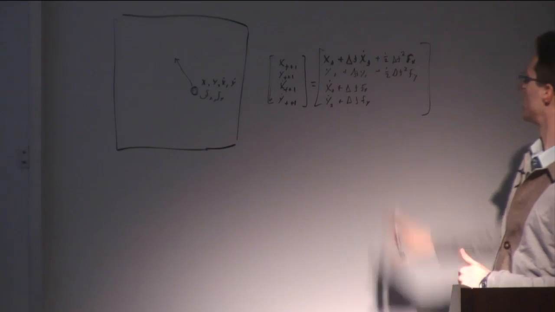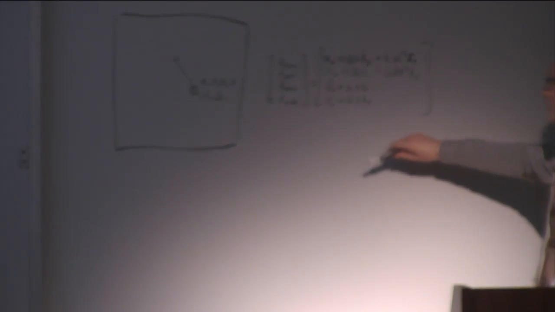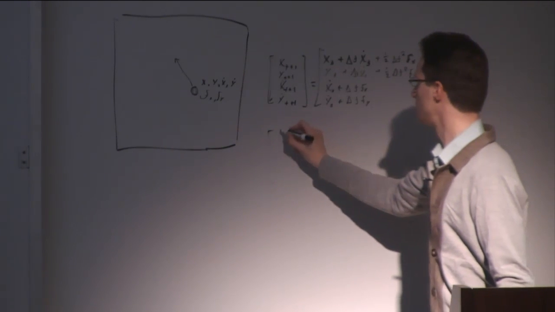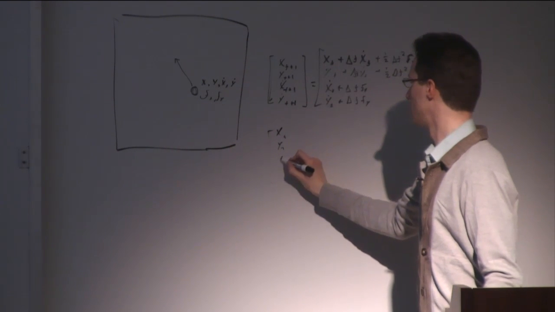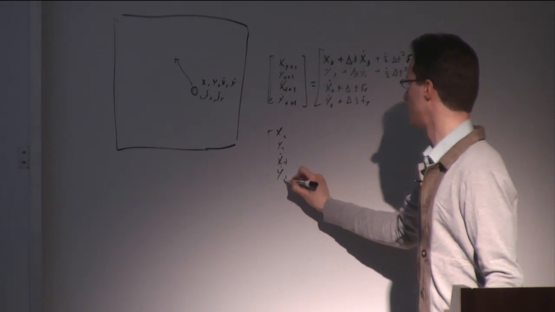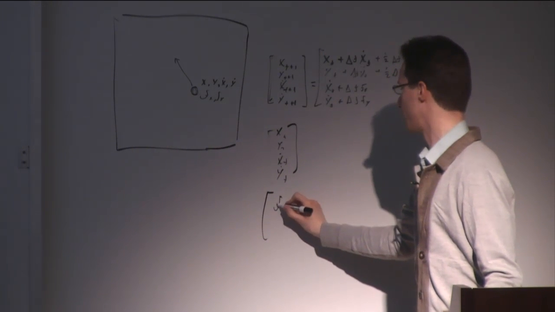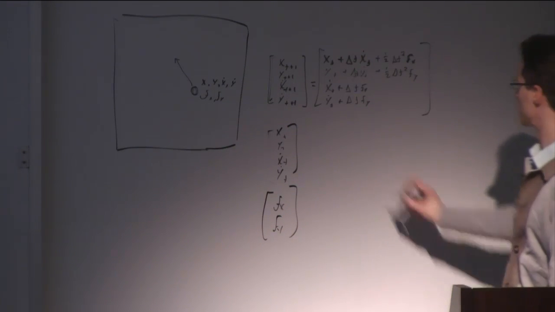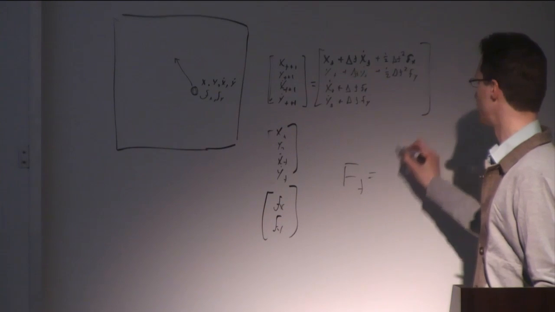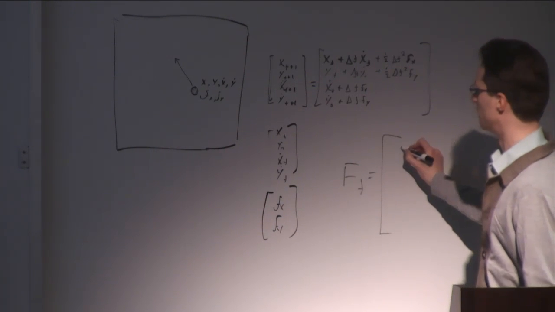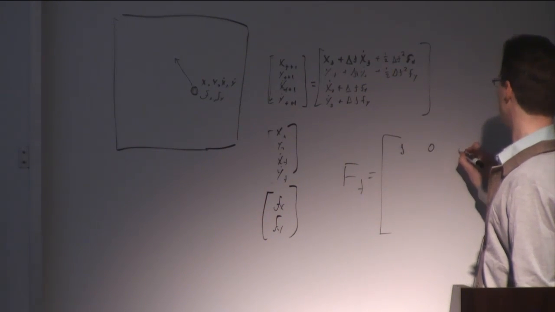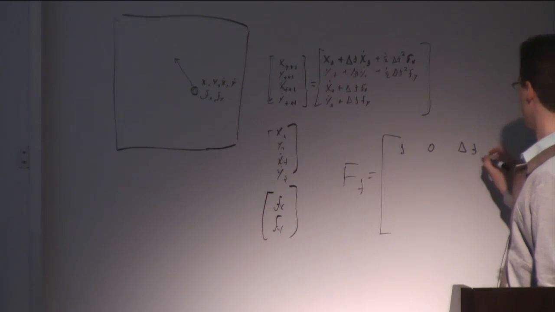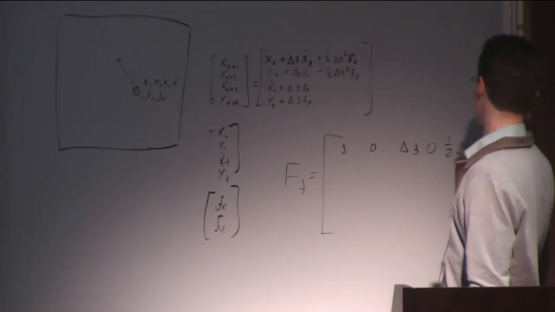Now you'll notice from these equations that this thing is just entirely linear in the state at time t, which is xt, yt, x dot t, y dot t, and the action at time t, which is fx and fy. And you can write down the resulting dynamics matrix. It's just going to be ft is equal to 1, 0, delta t, and then the action part is going to be 1/2 delta t squared, 0.